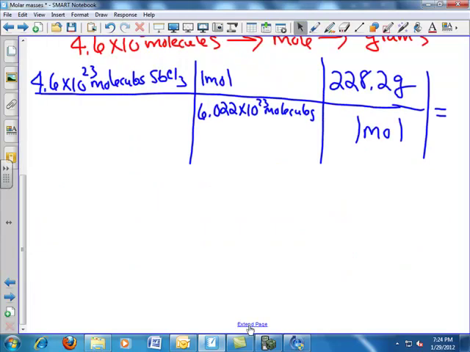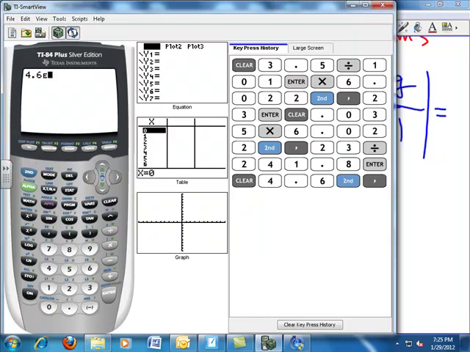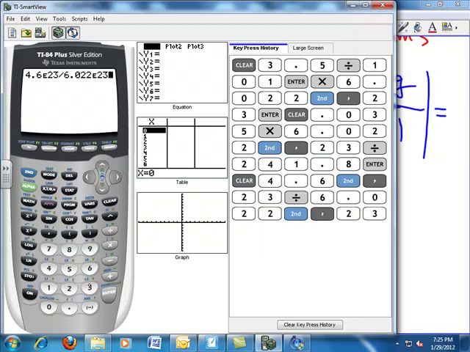If you want to go ahead and do the math, I'm going to pull up the calculator again, and I'm going to do the math on the calculator. So we'll type this in. We have 4.6 second exponent 23 divided by 6.022 second exponent 23 times, what was that molar mass again?